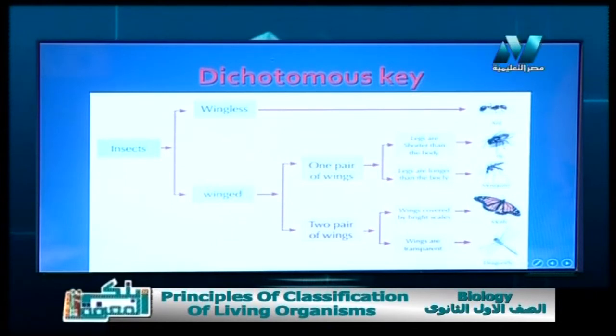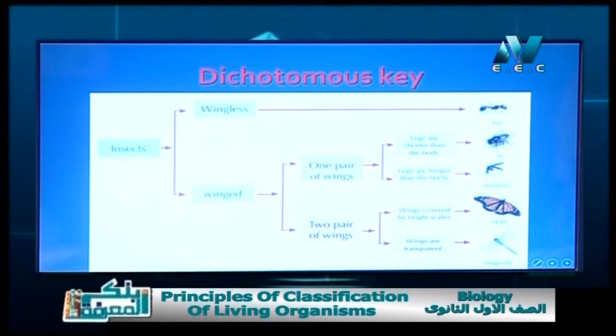But the winged insects also include a great number of insects and can be classified again into two groups. And these groups are one pair of wings or two pairs of wings. So we classify them again according to the number of wings.